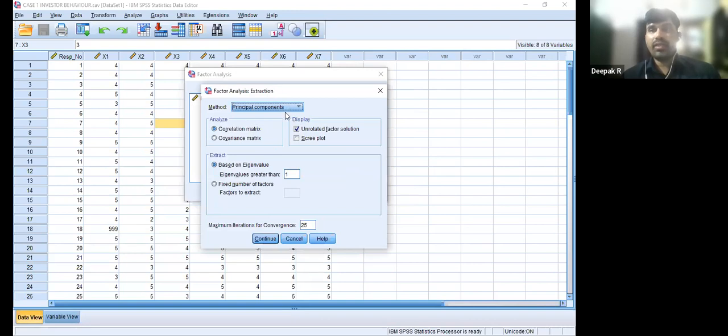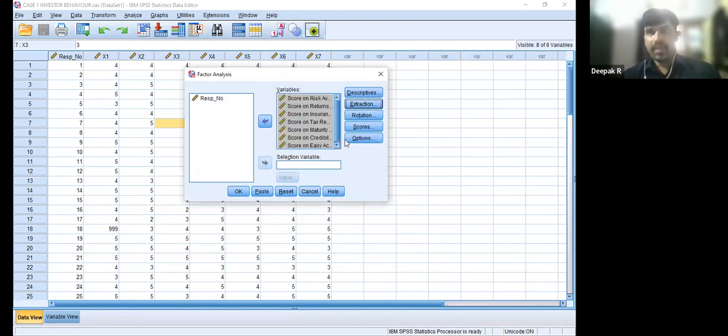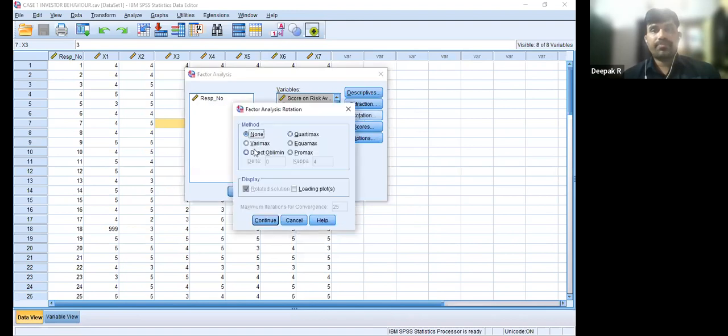We are going with principal component analysis. And why PCA? We have what is called the scree plot. We want the eigenvalues to be greater than 1. And I'll try to explain it better when we go through each and every output.